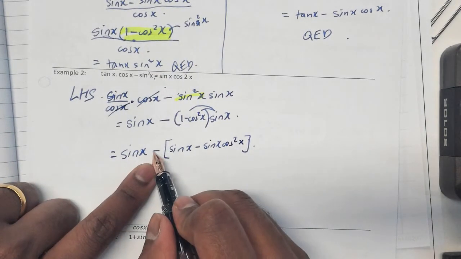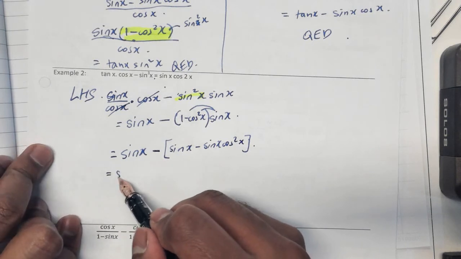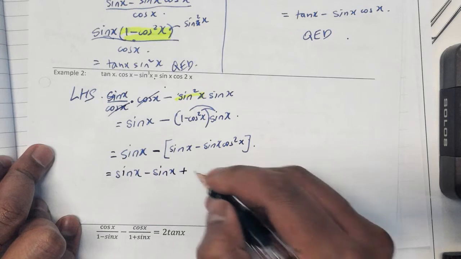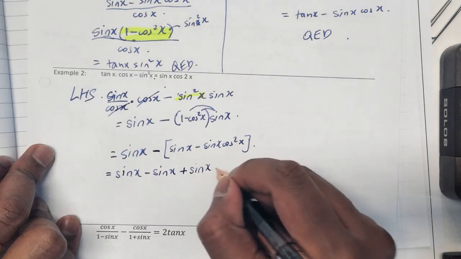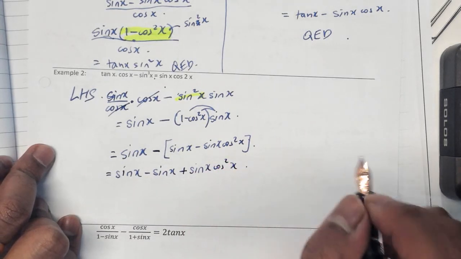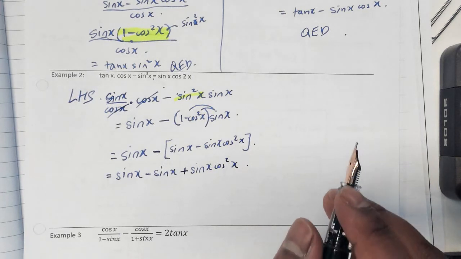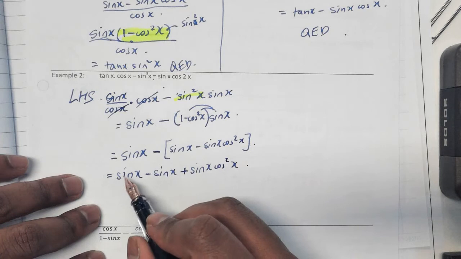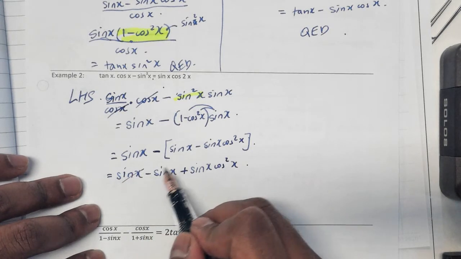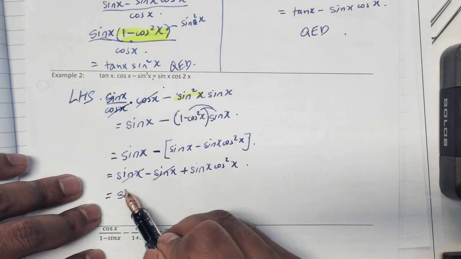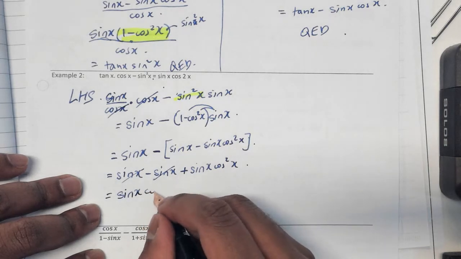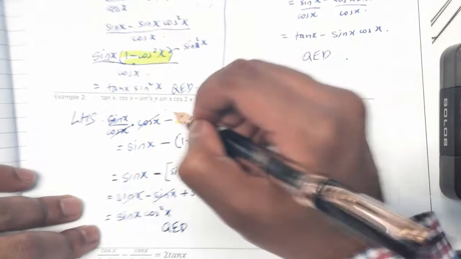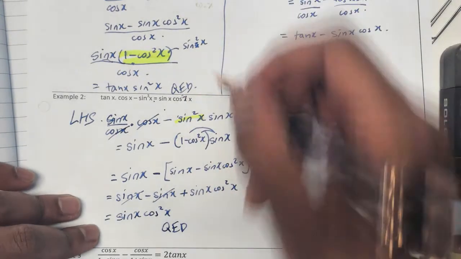So I need to expand my negative bracket. And then this cancels out and I'm left with sine x cosine squared x. Oh, sorry, that's meant to be up here.